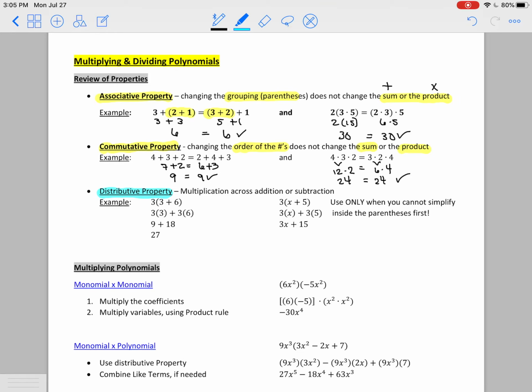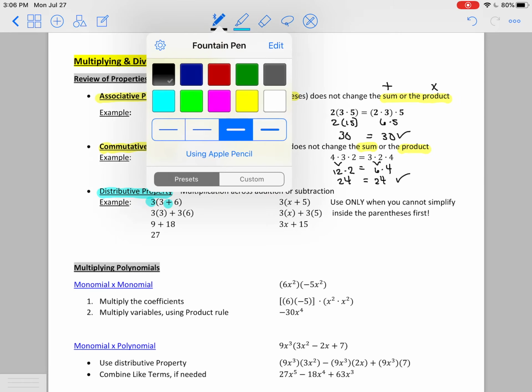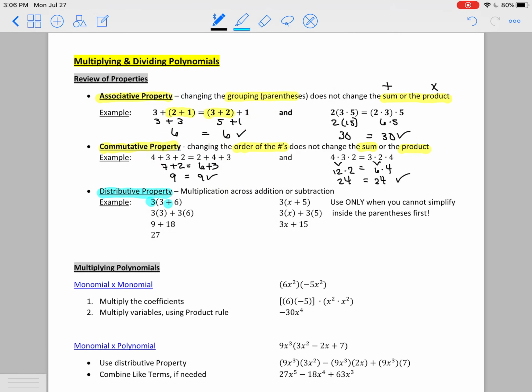So you can see here in the parenthesis, we have an addition sign. We have this little 3 out front, and it's actually just saying to take that 3 and to multiply that 3 by this 3 and by this 6. Okay, so we've got 3 times 3, of course, is 9. 3 times 6 is 18, and we add those together, which is 27.